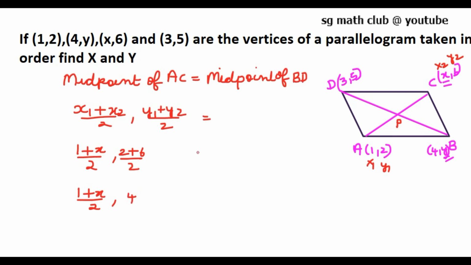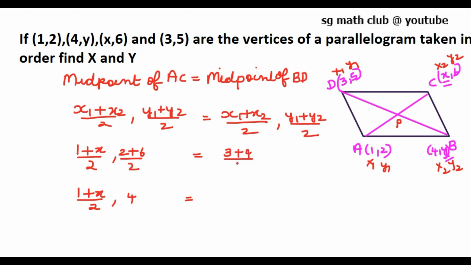The same way we will find the midpoint of BD. Again we will apply the midpoint formula (x1 plus x2) by 2, (y1 plus y2) by 2, and in this case we will take this as x1, y1 and this as x2, y2. So we have (3 plus 4) by 2 and (5 plus y) by 2.